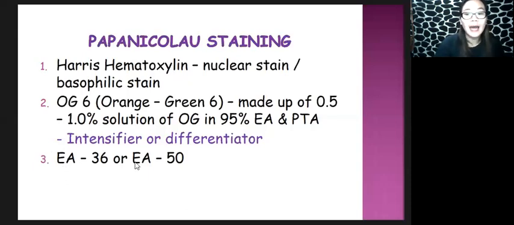Your Eosin Azure 50 or 36 is utilized as a counter stain for your immature cells, for the cytoplasm of your immature cells. What are examples of immature cells? We have your parabasal and your intermediate cells.